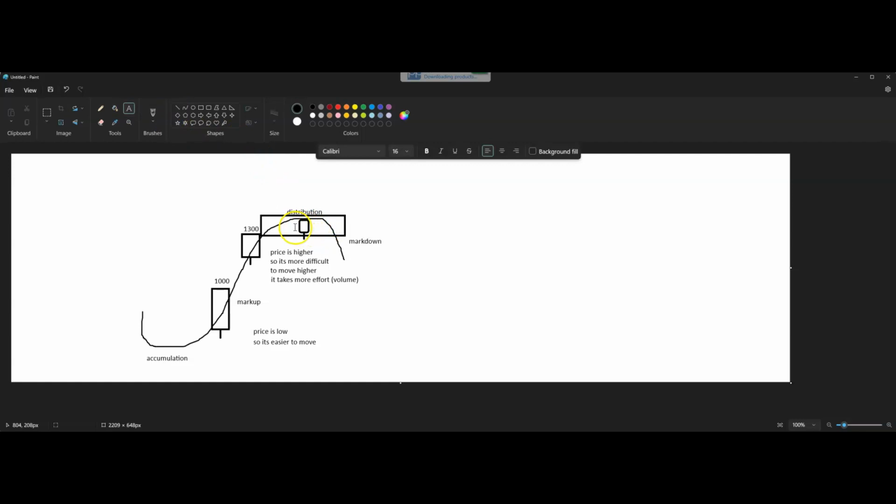See that little bar here required 1,000, or let's say 1,200, something like that. Why? Because the market is turning at this price. As you go towards that price, it's going to be effort. All right, so this is a very important concept, and this is why you must understand volume.